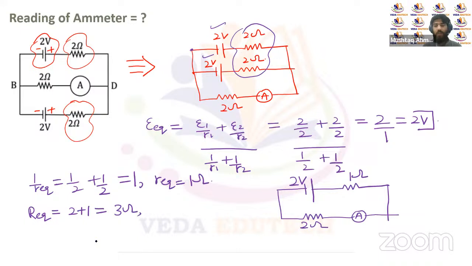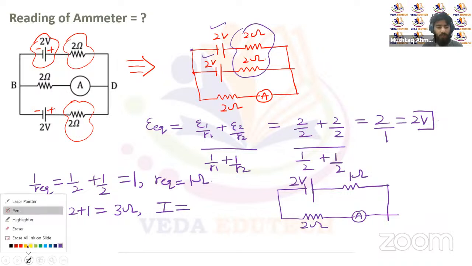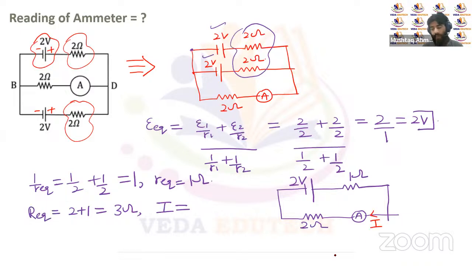If this is the equivalent resistance of this circuit now, then the current I flowing through this circuit will be the same current I flowing through this ammeter. It means that this will be the same current read by this ammeter, or we can say I will be the reading of this ammeter, right?